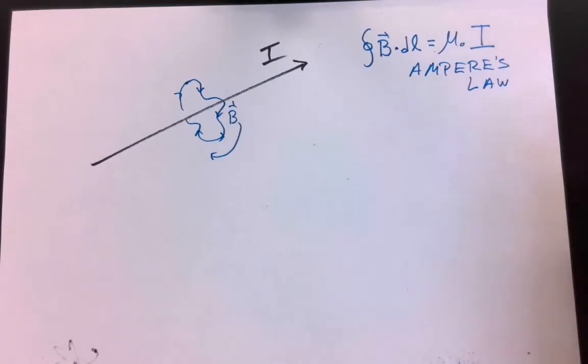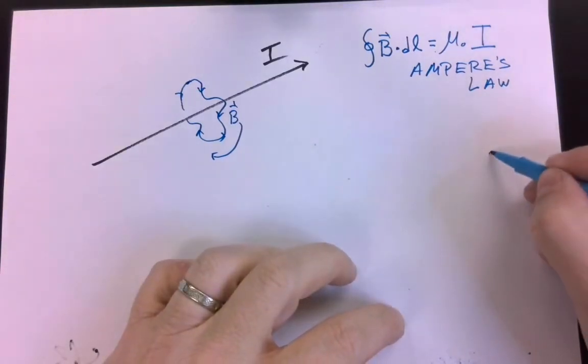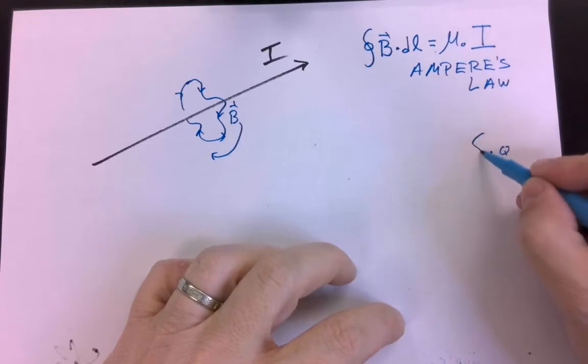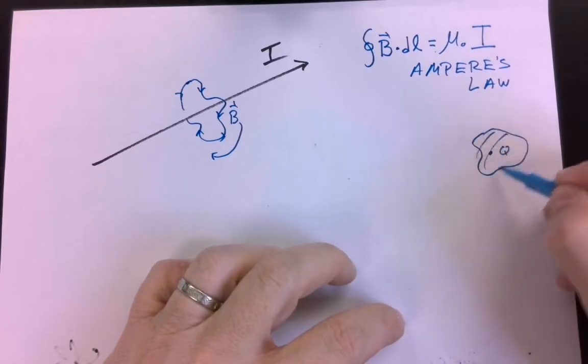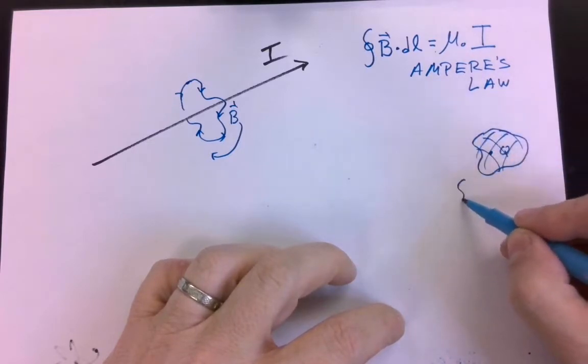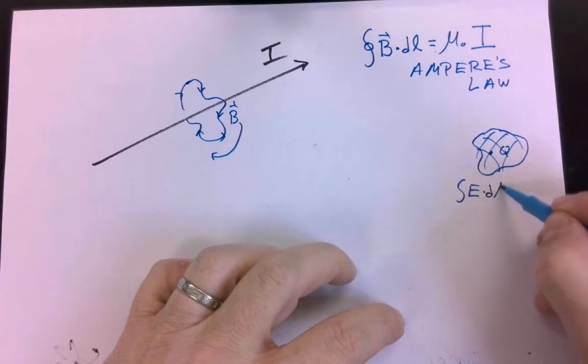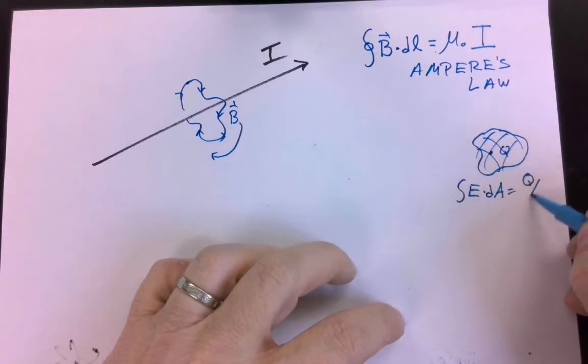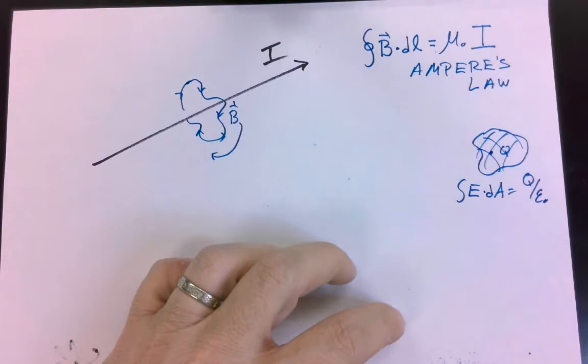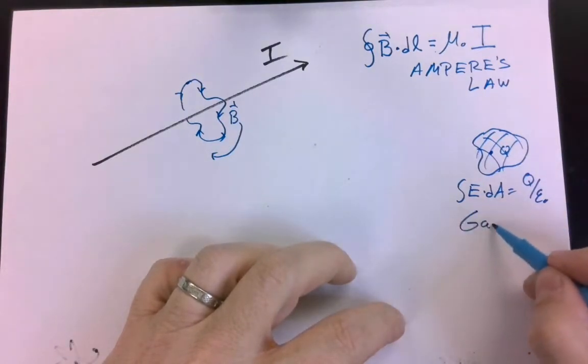Remember, Gauss's law says if you've got electrical charge enclosed by a surface, the integral of E dot dA is equal to Q enclosed over epsilon naught. That's Gauss's law.